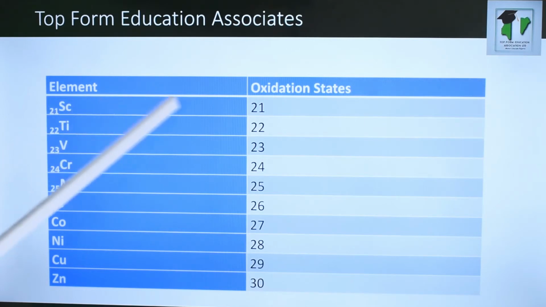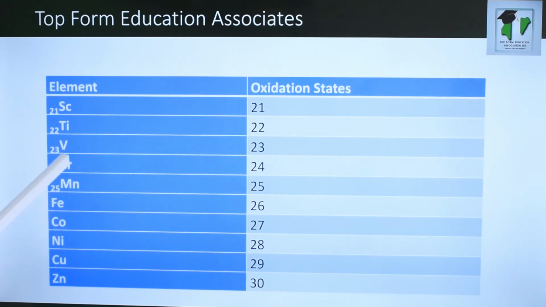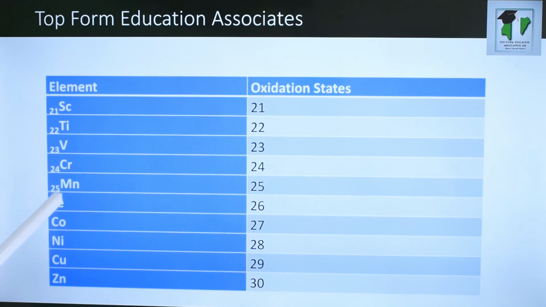Scandium is 21, titanium is 22, vanadium is 23, chromium is 24, manganese is 25, iron is 26, even though it's not written here, cobalt 27, nickel 28, copper 29, and zinc 30.